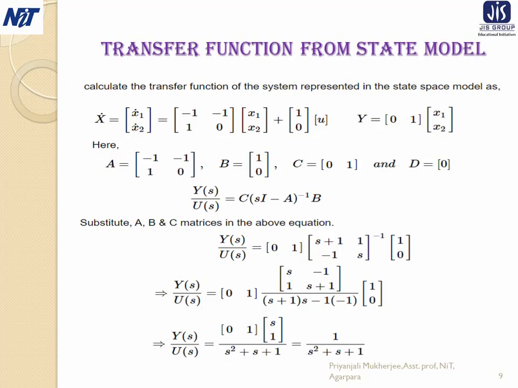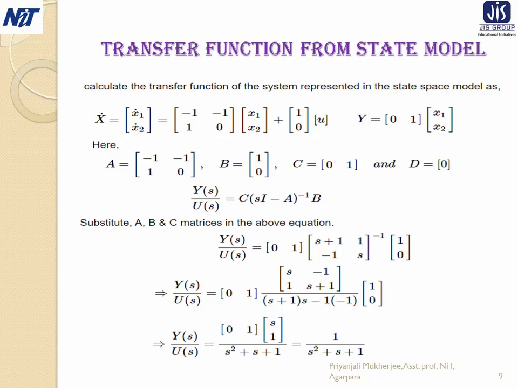We just have to find out the (sI − A) inverse. As A is a 2 by 2 matrix, I will be the identity matrix of second order. So it will be [1 0; 0 1], and when it is multiplied with s, it will be [s 0; 0 s].